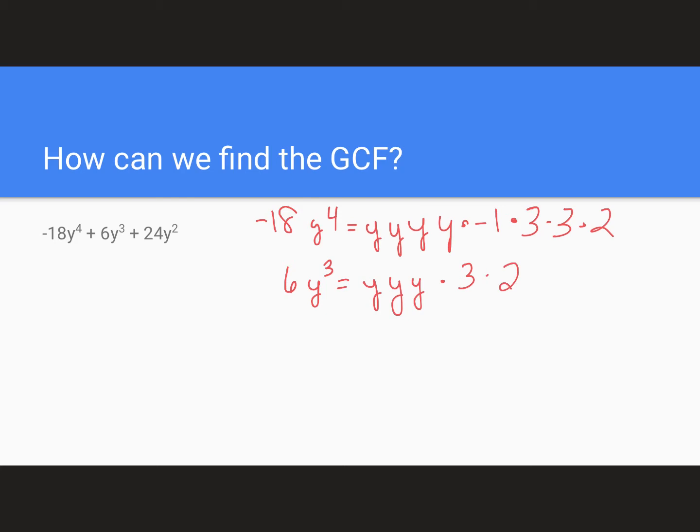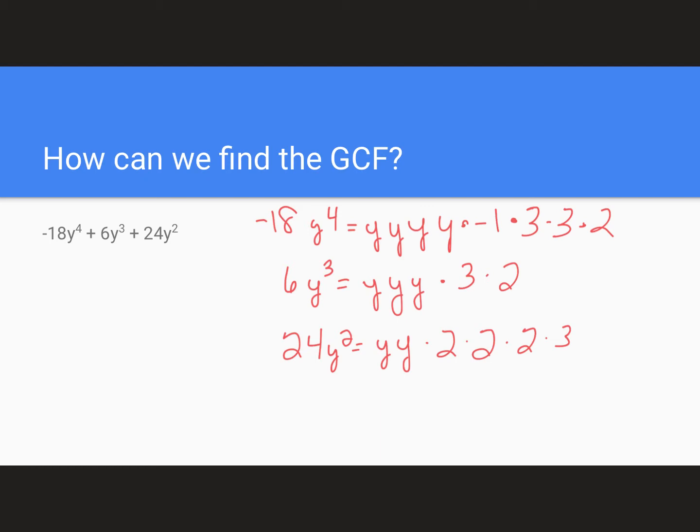And then 24 y squared is 2 y's, and then 24 is 2 times 2 times 2 times 3. Again, if you don't know the prime factorization, you can do your prime factor tree like we did in Concept 1.